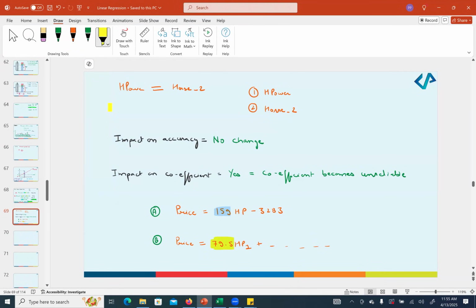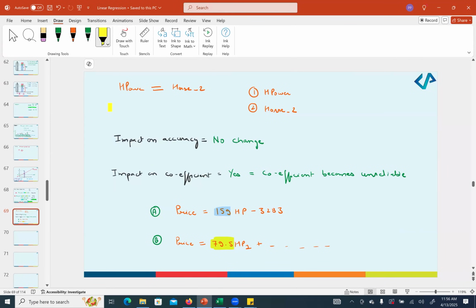I will be expecting that if I increase the horsepower by 1 unit, my price will change by $79, but it will actually change by $159. So my prediction will be wrong in terms of horsepower. Overall prediction obviously will be correct, but if I try to measure the impact of one particular variable, that will be incorrect.